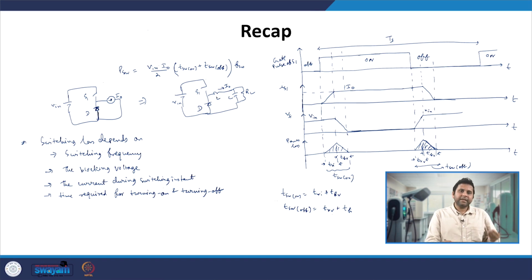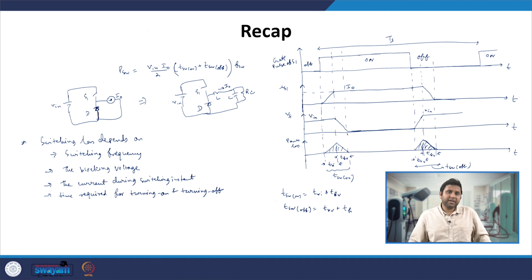However, in case of just a resistive load, the loss occurring due to this transition will not be this much, it will be V in I naught by 6 times. However, since we are only bothered about voltage source converters, and most voltage source converters have the inductor at the pole of their bridges, we have only considered this particular case.